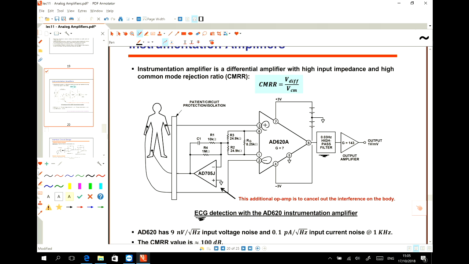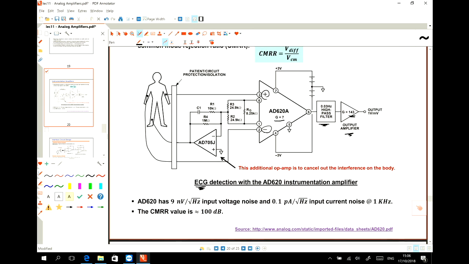At this stage we do not expect a high gain. You see that the gain here is just 7, but if we want a higher gain, to make it a value acceptable by your A to D, then we have another amplifier to increase the gain.